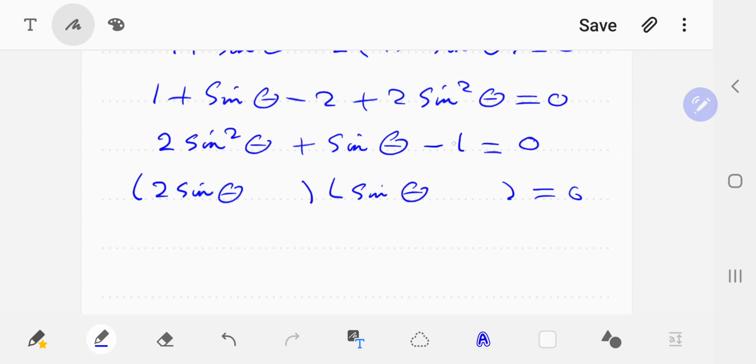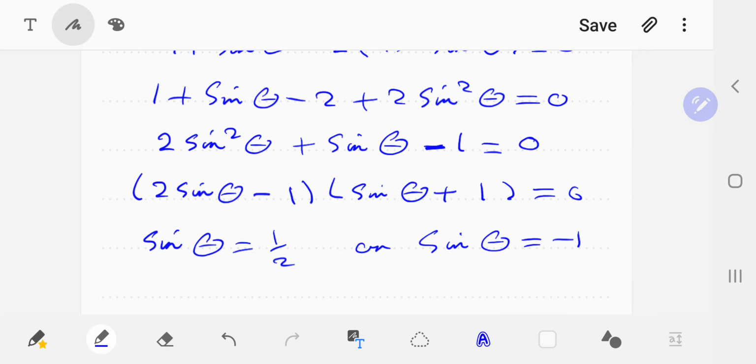We have negative sign, so it's opposite signs. We will have positive and negative. I'll put the positive here and negative here. 1 is 1 by 1. Check that. Negative sign, positive 2 sign, that's positive sign. Now each bracket equals 0, so it's either sine theta equals half or sine theta equals negative 1.